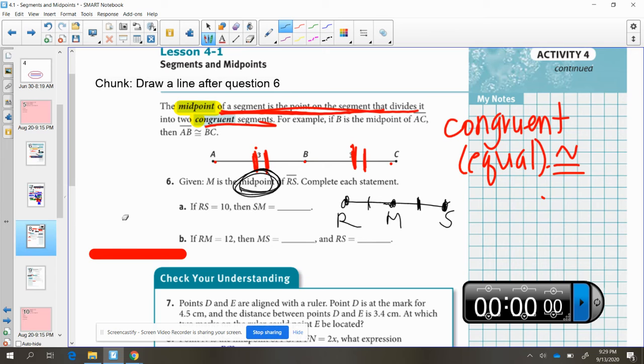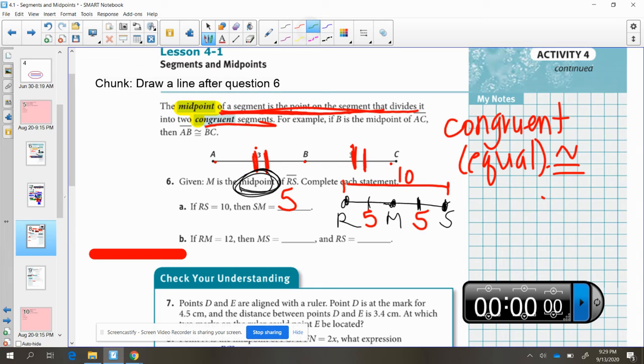Because we have the keyword of midpoint, we can put those tick marks on there, okay? Now, they're also telling us that RS, this entire thing, is 10, which means R to M and M to S have to be equal, aka both 5. So S to M, this length, is 5.